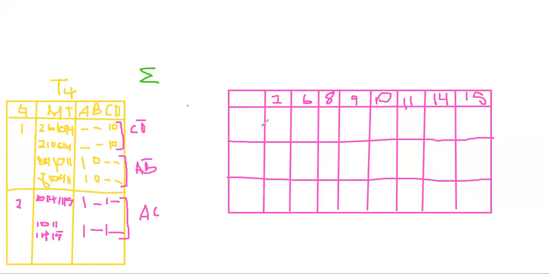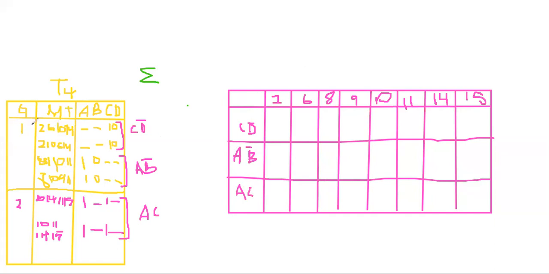For group 1, which is C D bar, this is A B bar, and this is A C.